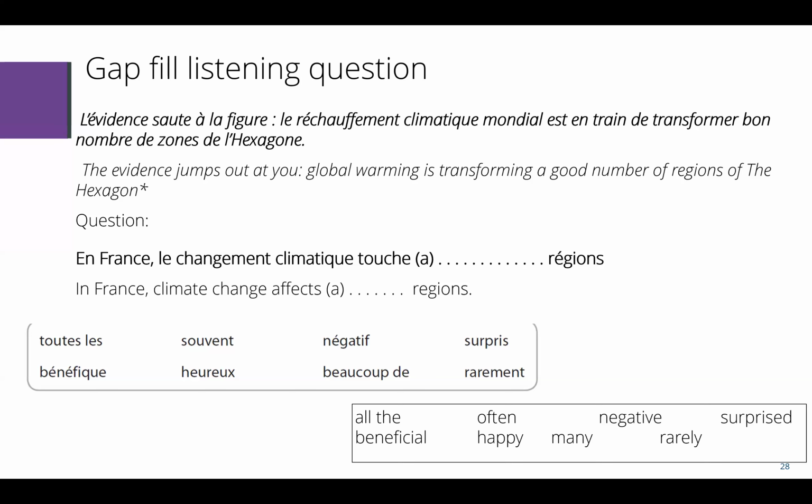Now, the gap filling, this is on the listening. This one, again, they have a list of words, and quite often here they're all little words, but sometimes there are nouns. And sometimes they can say, oh yes, I know this is requiring a noun.